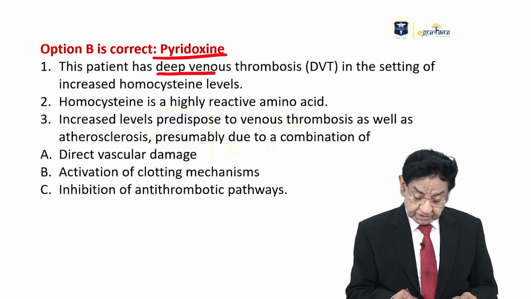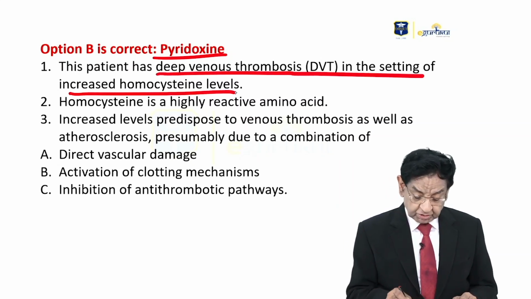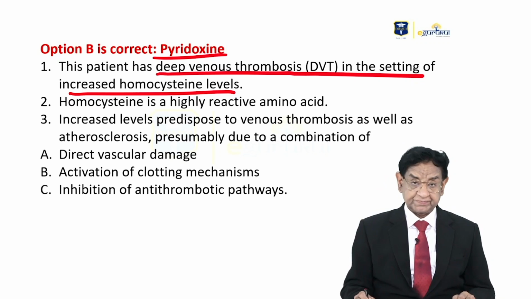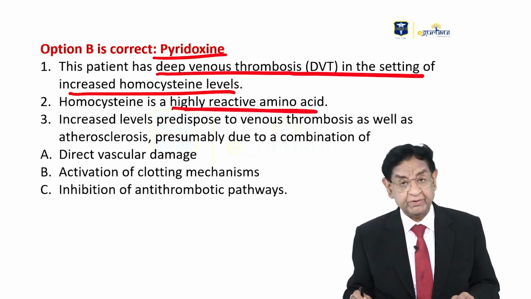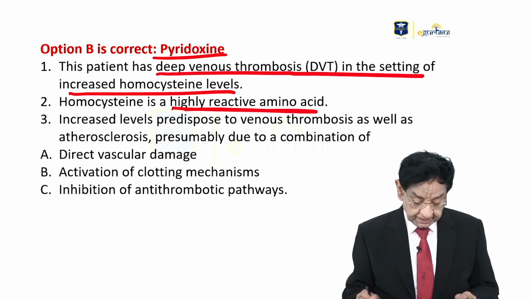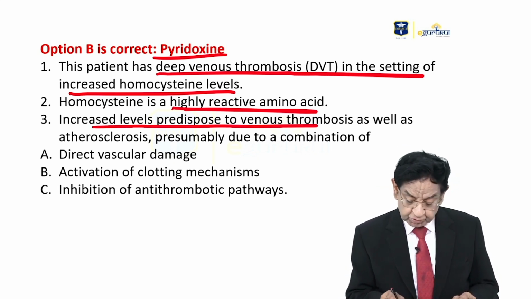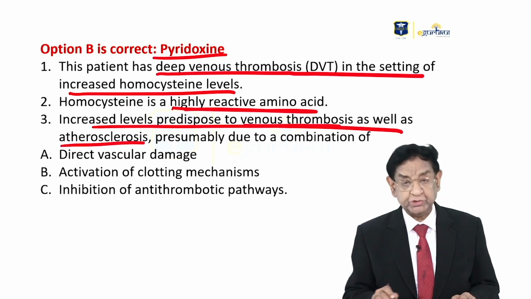The patient has deep vein thrombosis in the setting of increased homocysteine levels. Homocysteine is a highly reactive amino acid, and the increased level predisposes to venous thrombosis as well as atherosclerosis.